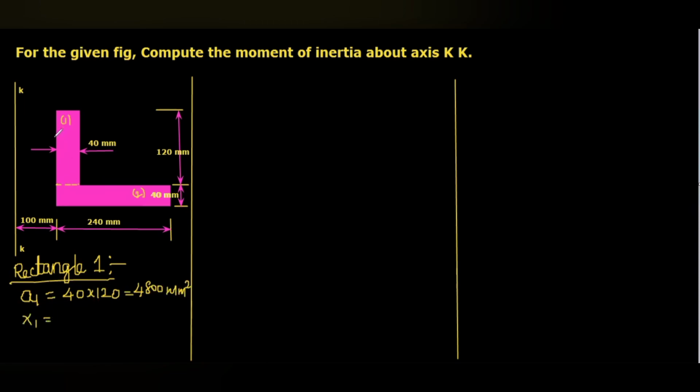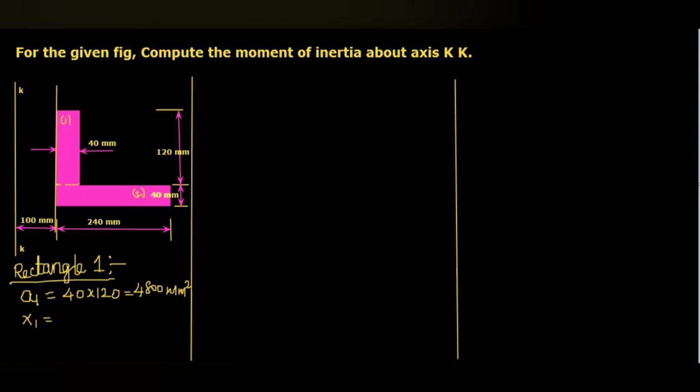And then x1. Here generally we will take this leftmost line as the reference line. Generally, we will consider this line, that is the leftmost line, as the reference line.